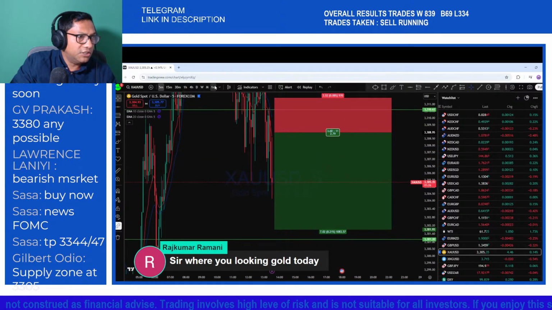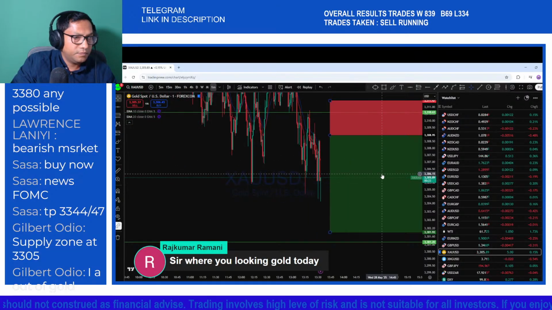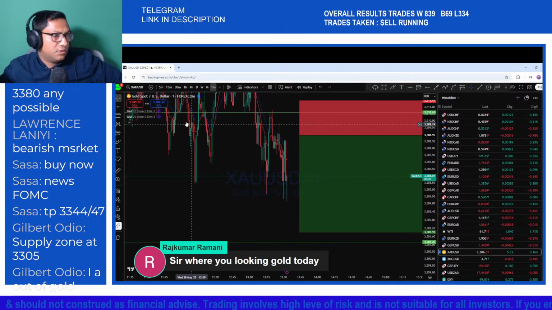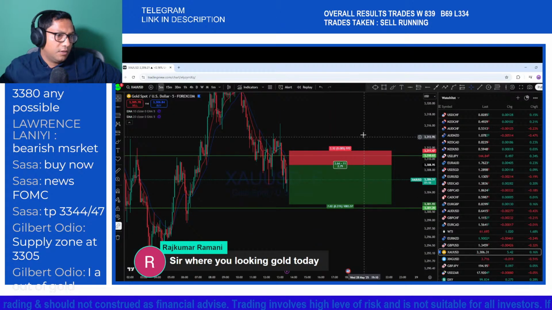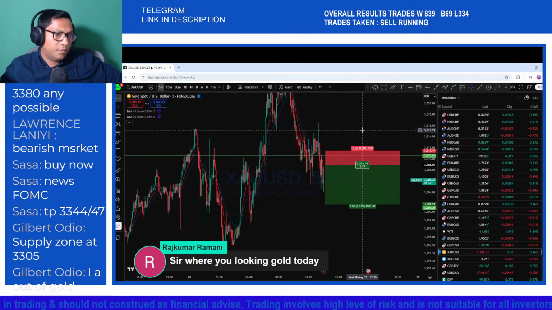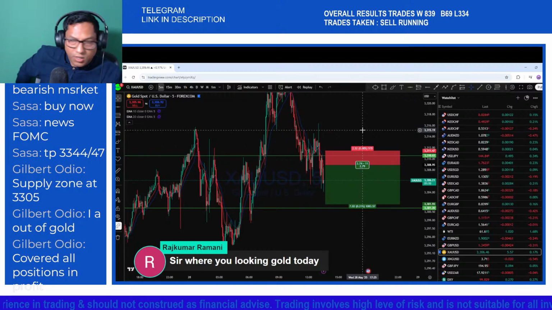Still we see the downtrend here, and come on, it's trying to push back again. I think there's still a possibility to come down, so I'm still holding it.